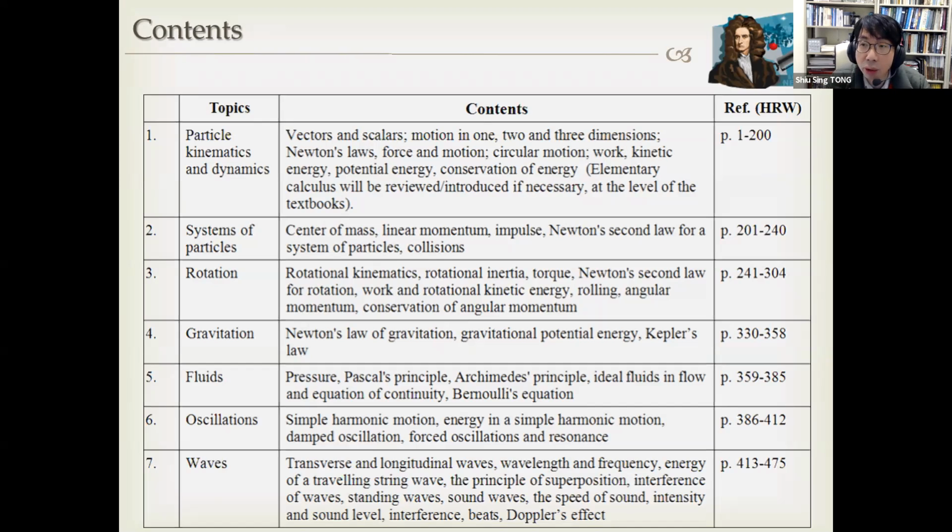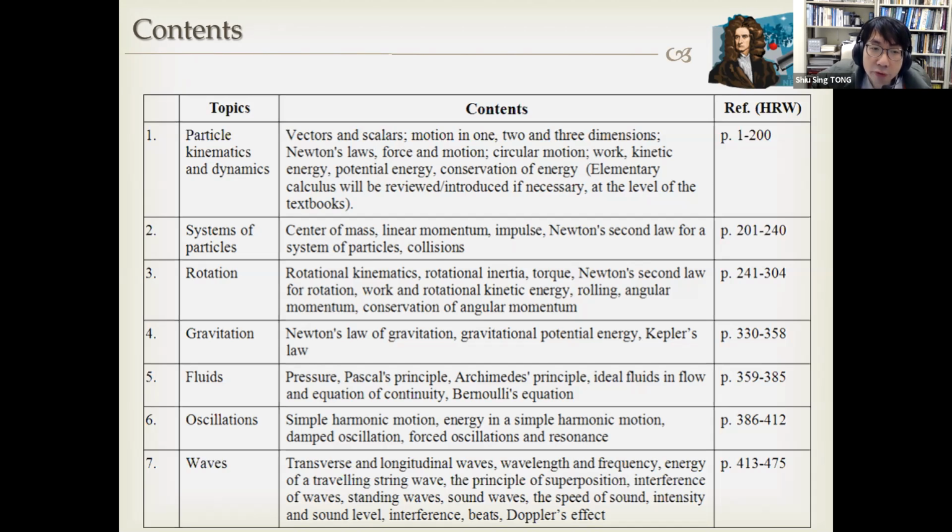And we also have the conservation of angular momentum if the net torque acting on the system is 0. Topic 4 is about Newton's law of gravitation that you have learned in high school, but we cover more depth in gravitational potential energy. And we also derive Kepler's laws of motion. And we discuss some topics about elliptical orbits instead of just circular orbits.